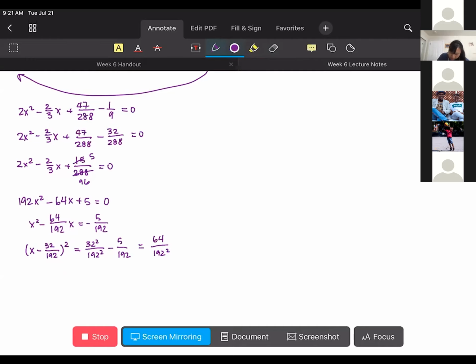And when you shift 32 to the other side, you get 64 over 192 plus or minus root of 5 over 192.